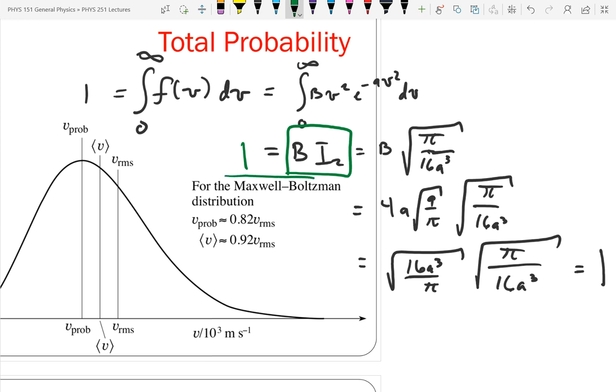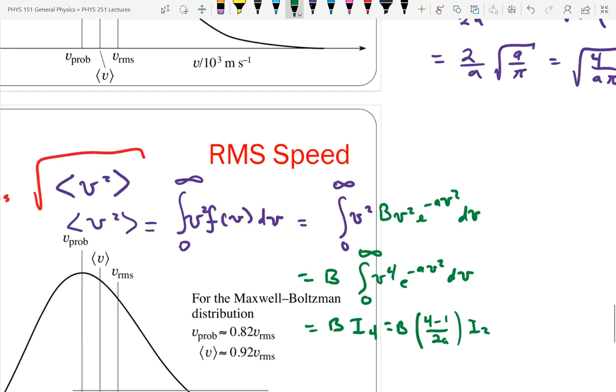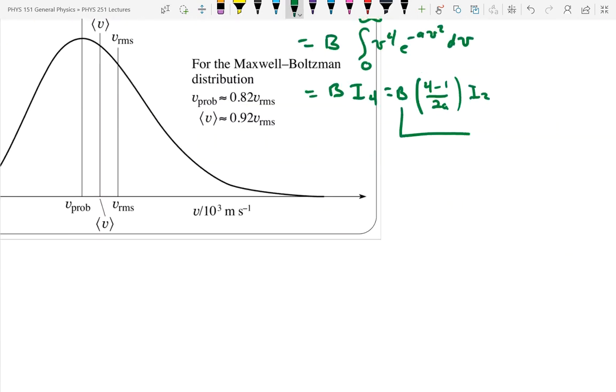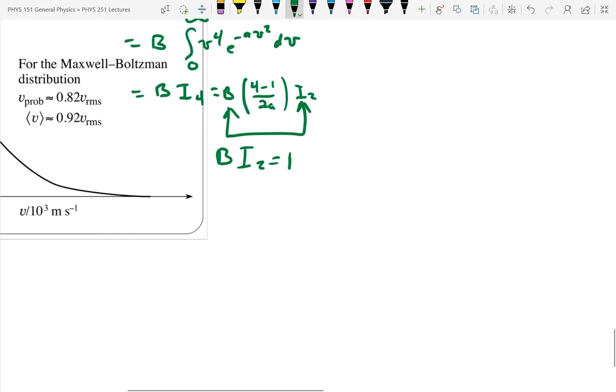I'm not going to substitute in I2. I'm going to say right here, wait, I know that b times I2 is equal to 1 from my previous work. Because I just did it, I don't have to do it again. If I hadn't just done it, I would have to do it again. So that means my answer here is just 3 over 2a.